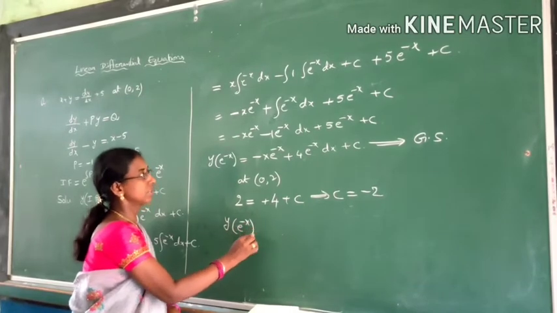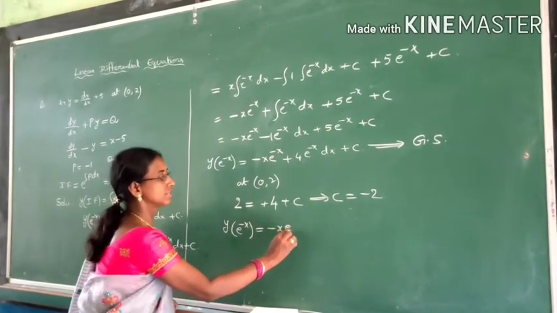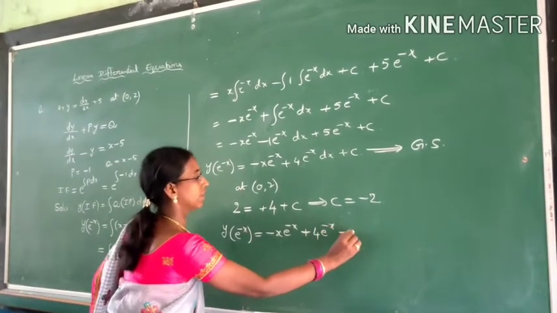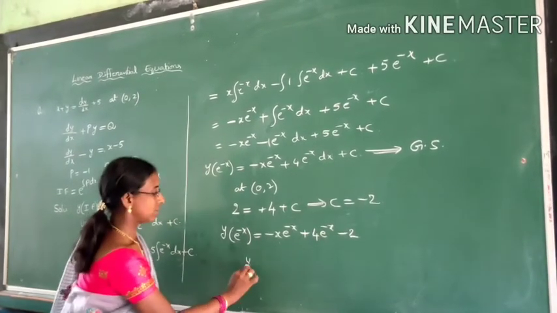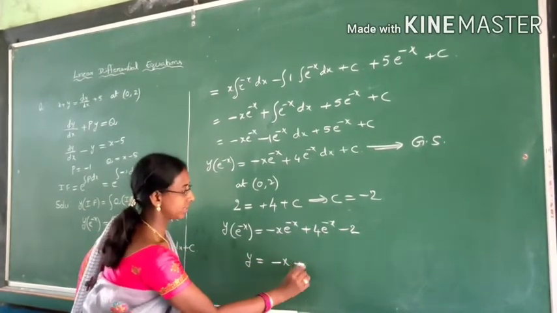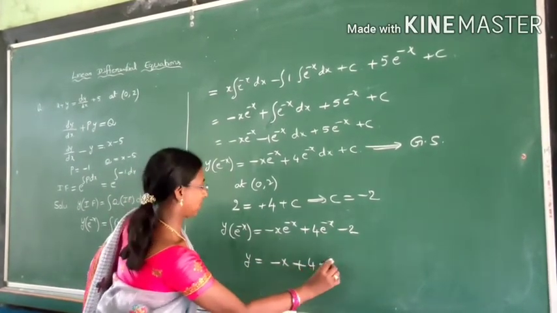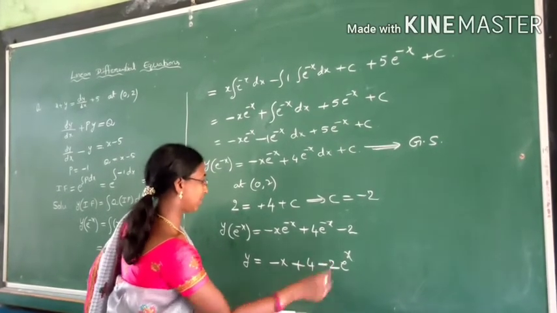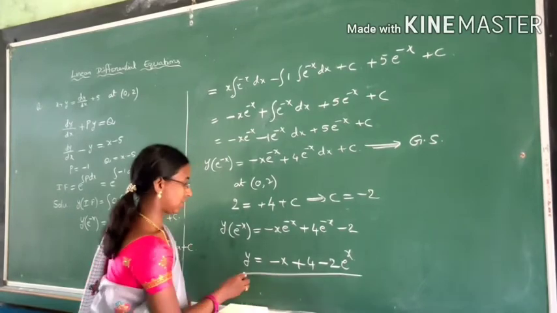We are going to get the particular solution: y is equal to minus x e power minus x plus 4 e power minus x minus 2. Simplifying, this will become a constant. This is your answer.